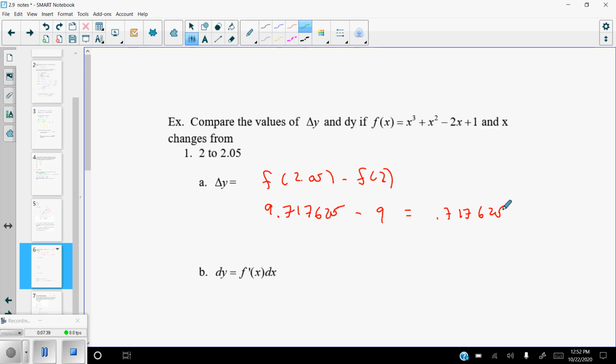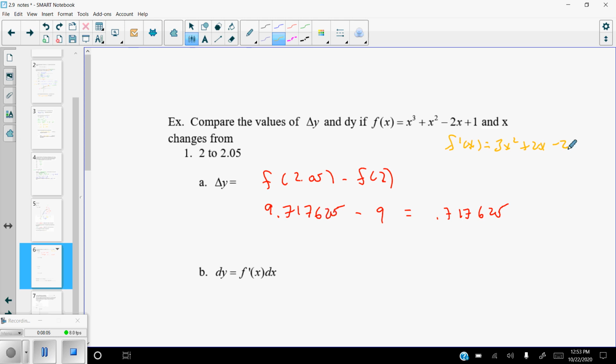Now let's see what the approximation is for dy. Well, dy is f prime of x times delta x. So basically what that's saying is I need to go to my function and figure out what f prime of x is, because I'm going to need that. The derivative of our function is 3x squared plus 2x minus 2.